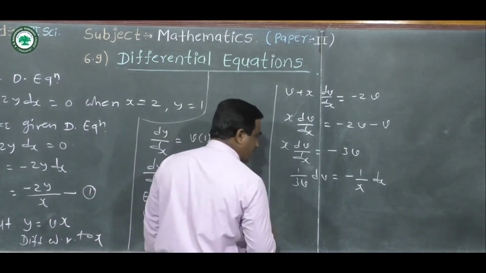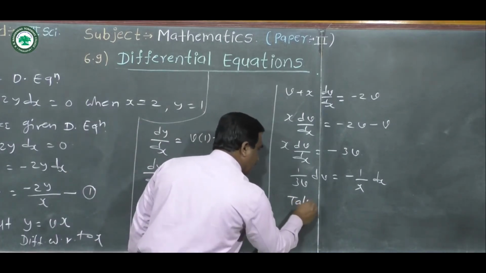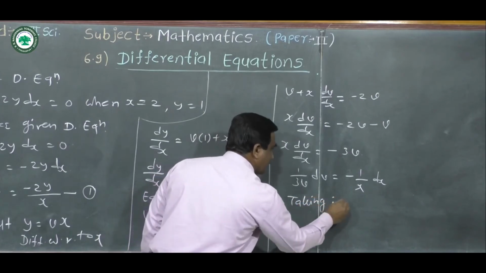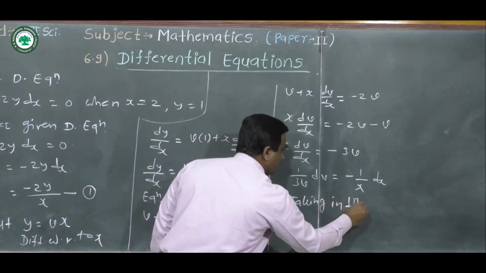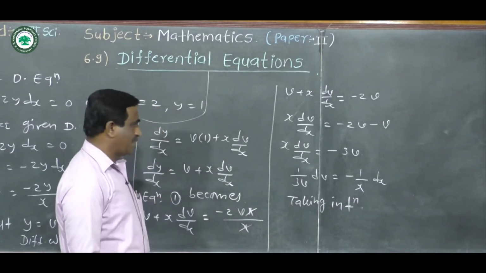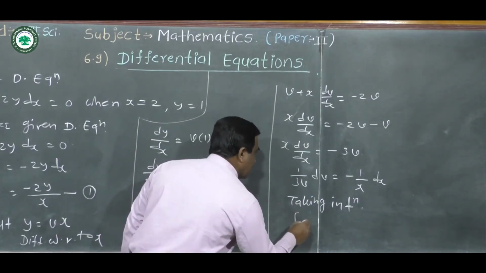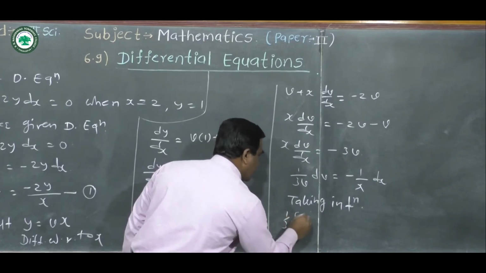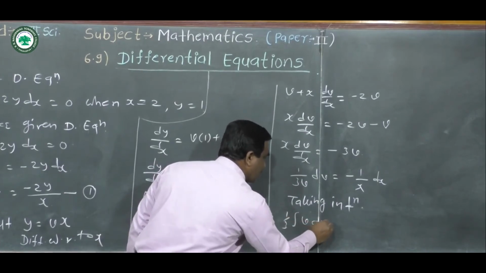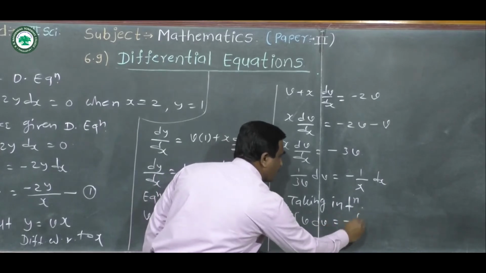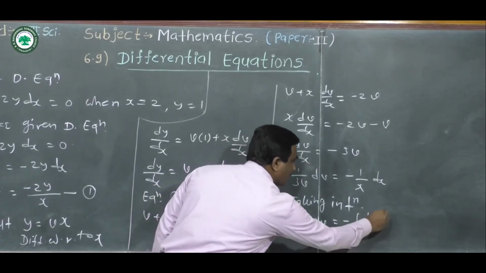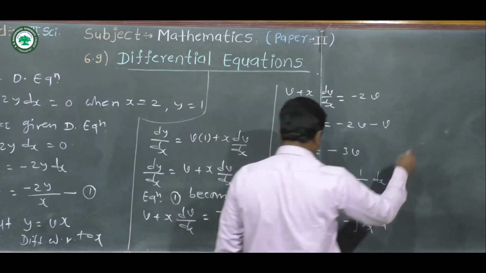We can take integration here. Taking integration on both sides, we can write here integral 1 upon 3v dv is equal to minus integral of 1 upon x dx.